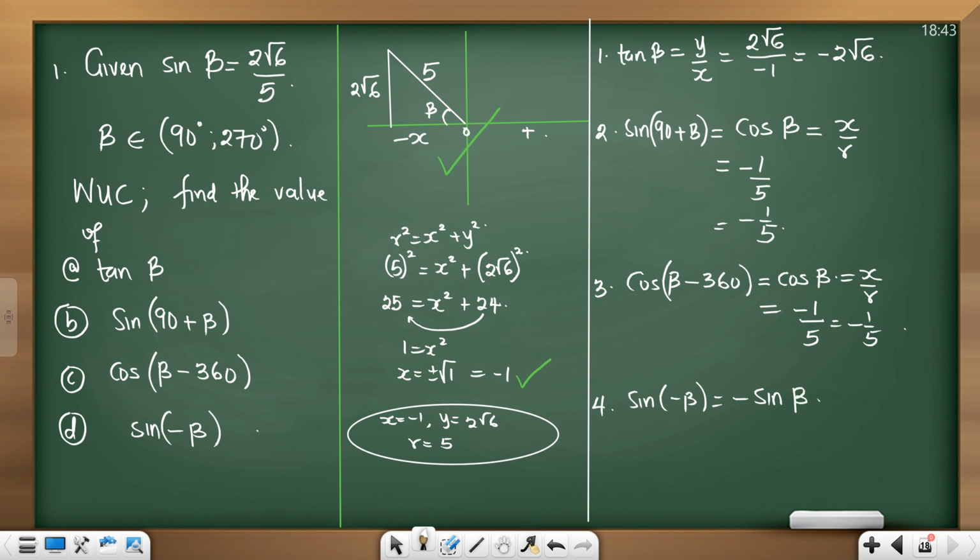There's no number there, it means it's a 0, and a 0 tells me do not change. So what do I have? Negative. What is sine? Y over r. What is my y again? Oh, I already have sine B, it was even given. There we go.